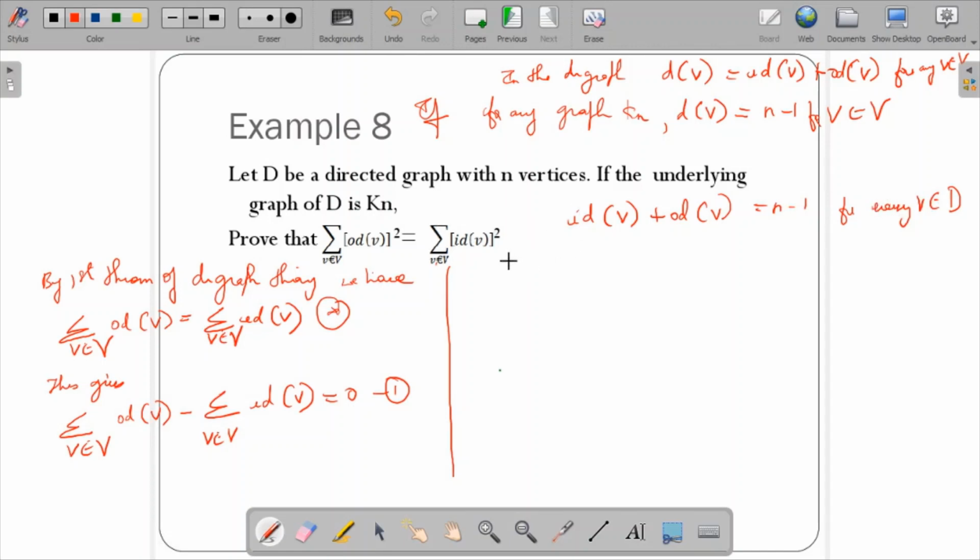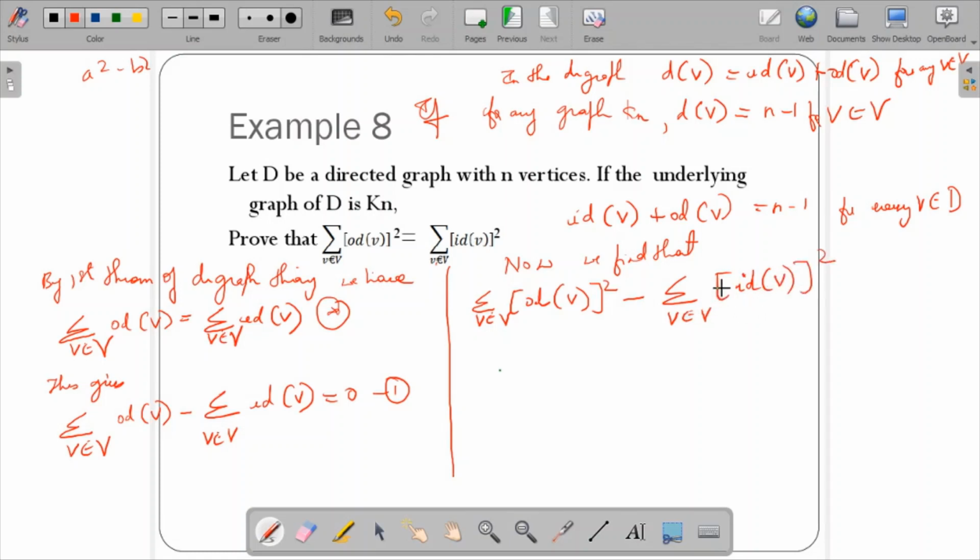Now we need to find this, so I have to make this equal to this. I'll apply the a square minus b square formula. Summation of v, out degree of v whole square, I took this side, minus summation of v, in degree of v whole square.